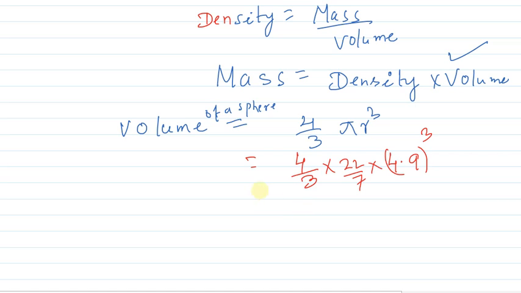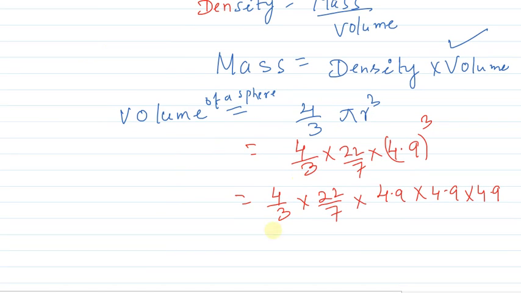So can I write here 4 by 3 into 22 by 7 into 4.9 into 4.9 into 4.9, because we are finding volume, because we have to find mass. To find mass, it is density into volume from this relation. So let's calculate how much.